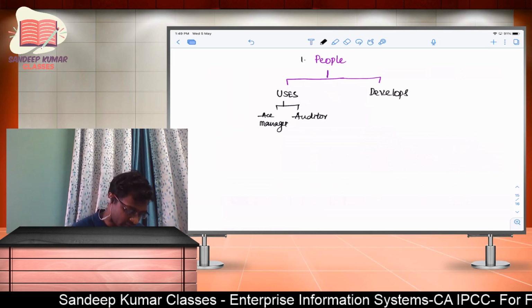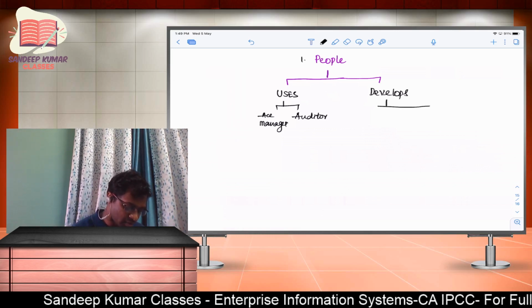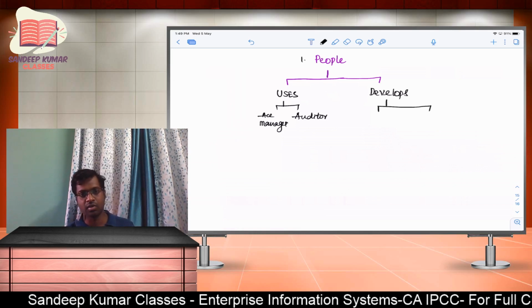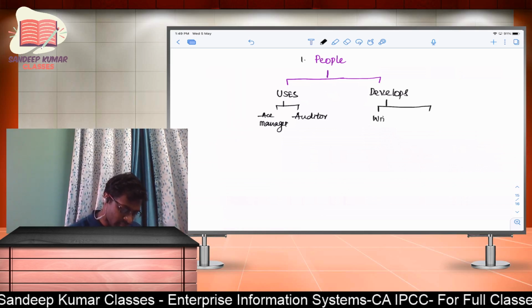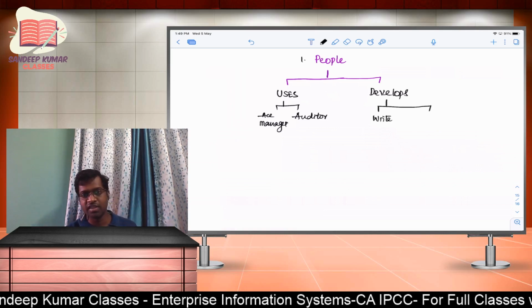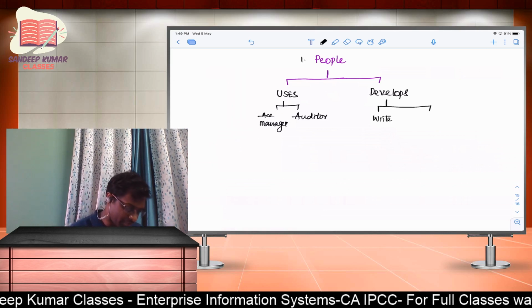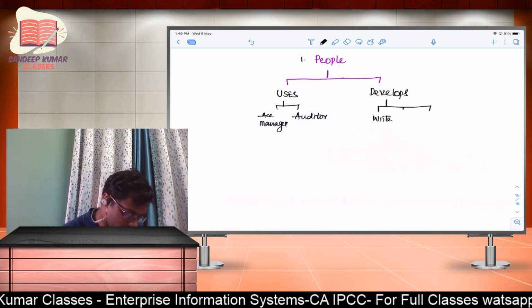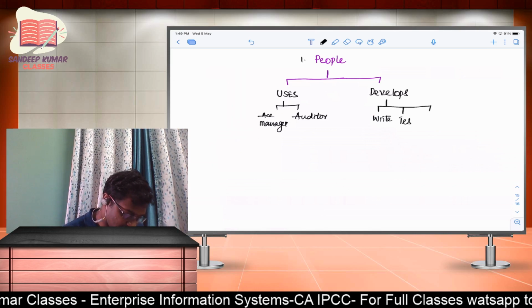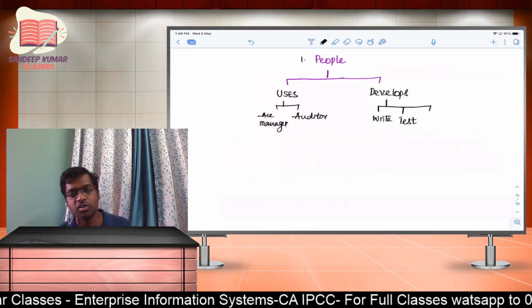Next one, developers. In development, we have certain other concepts also, like a person who writes a program. Once you write a program, it should be tested. So who will test it?